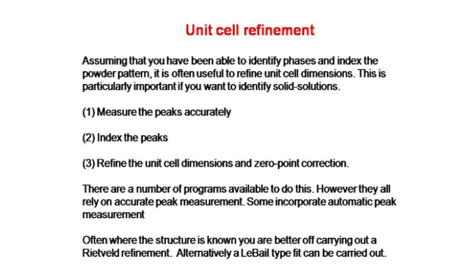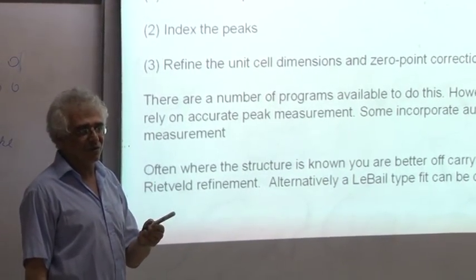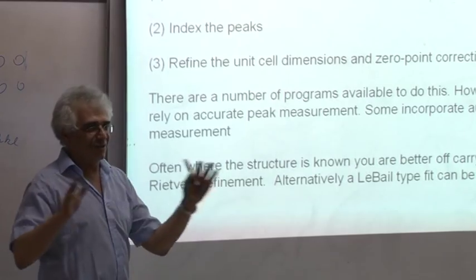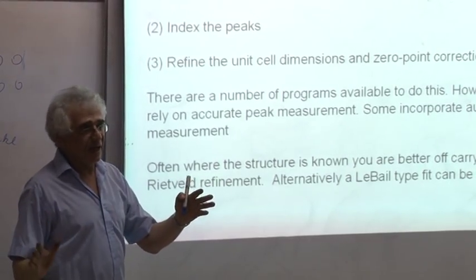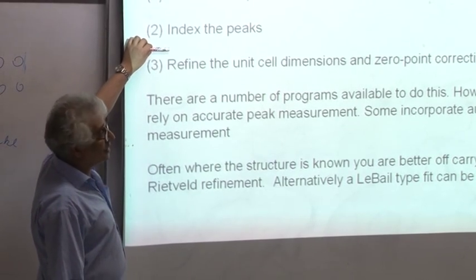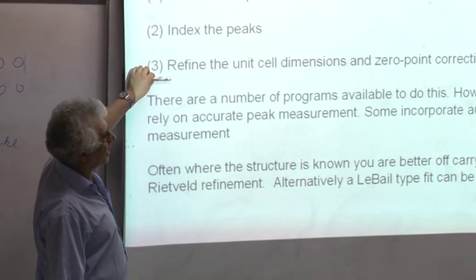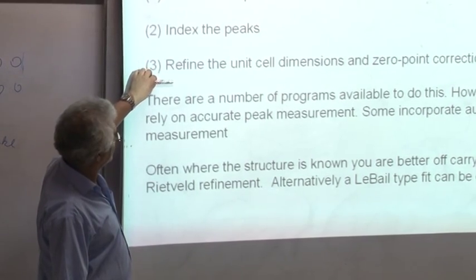When you're doing it, some things are vital. First of all, measure the peak accurately. If you're trying to do a refinement, the last thing you want to do is to have something that is inaccurately measured, because you'll get inaccurate results. Then index the peaks, refine the unit cell dimensions, and a 0-point correction.